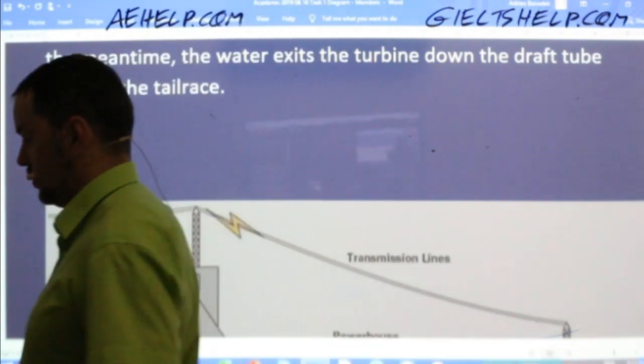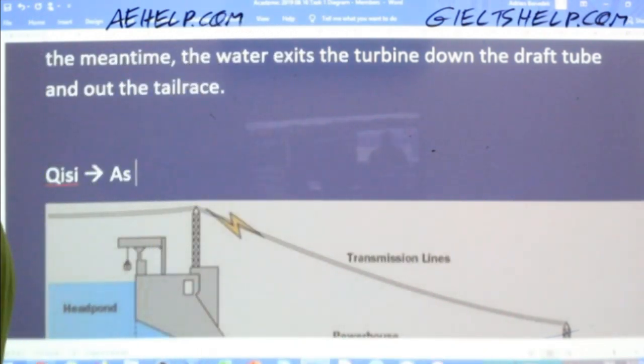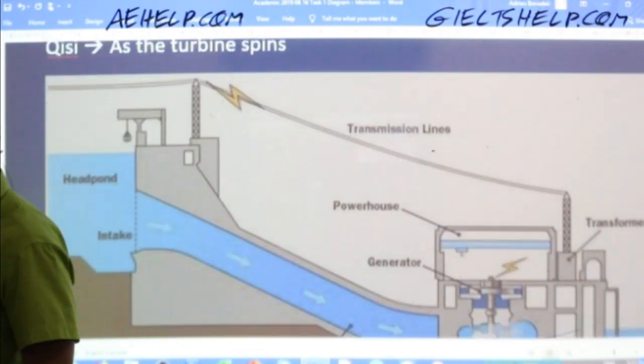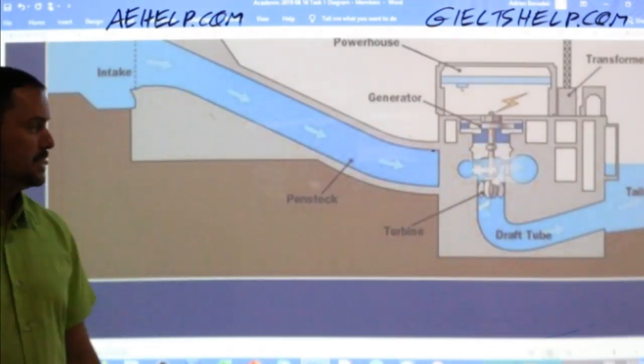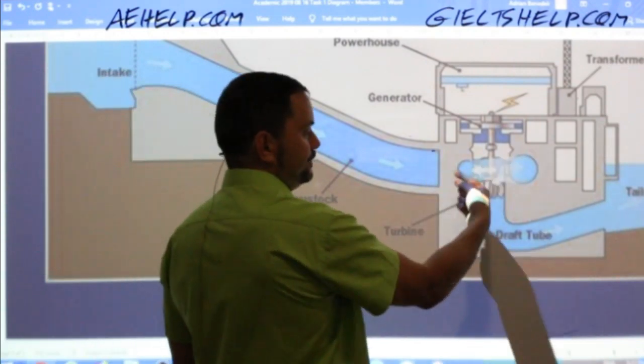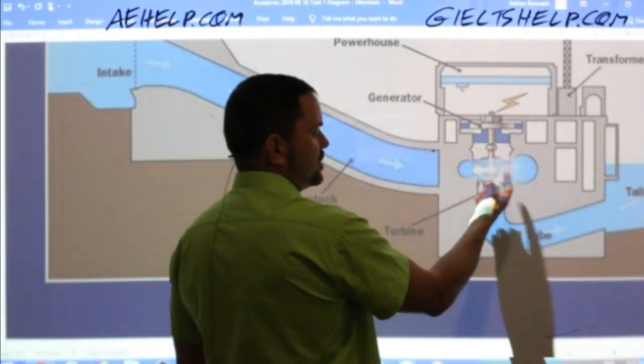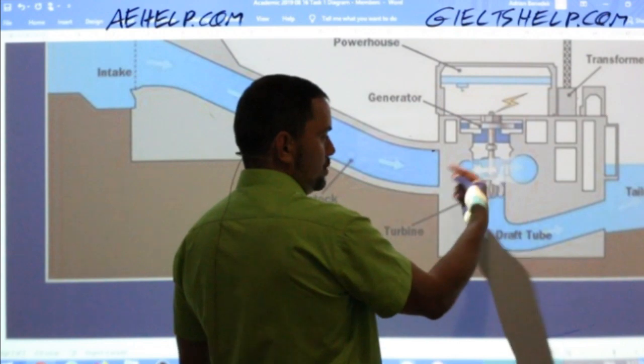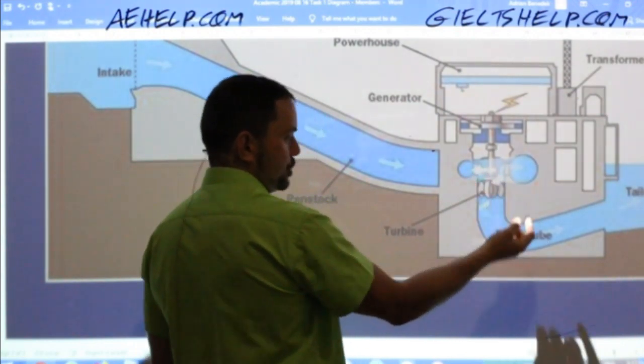I'll show you what I mean, Kesey. So this would be the correct way, okay? So as the turbine spins, it's not starts to spin, Kesey, because it seems like this is a very constant movement. So it's not really a starting point. It's just a continuous rotation here of this turbine.